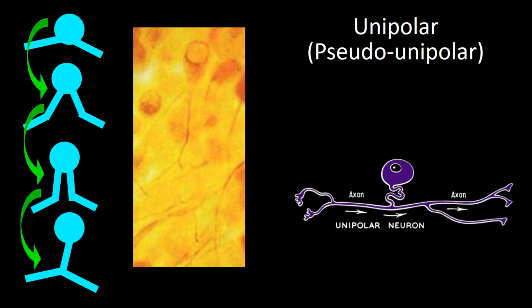Unipolar neurons are usually called pseudo-unipolar because embryologically they originate as bipolar neurons and subsequently become unipolar, as portrayed in this illustration. At the center of the specimen I have just introduced, you can see the body of a unipolar neuron, its single emerging process, and the split. I have introduced this cartoon to emphasize that the neurites on both sides are axons.